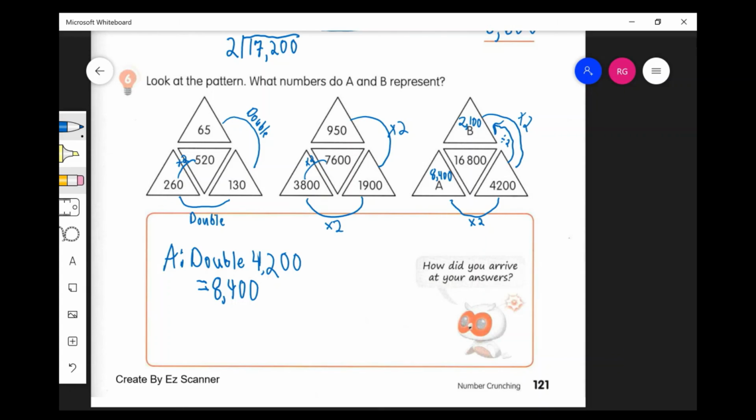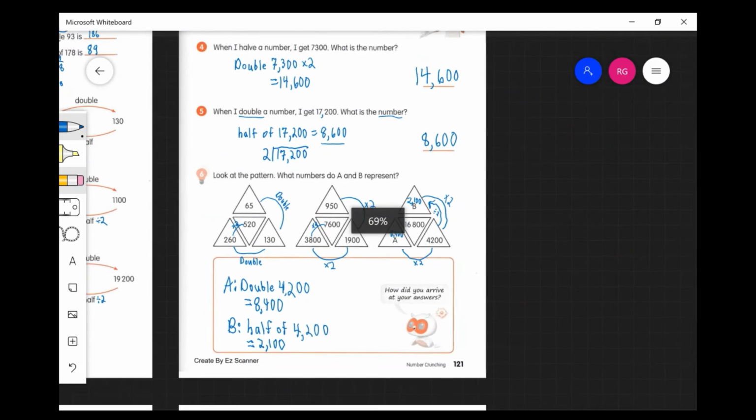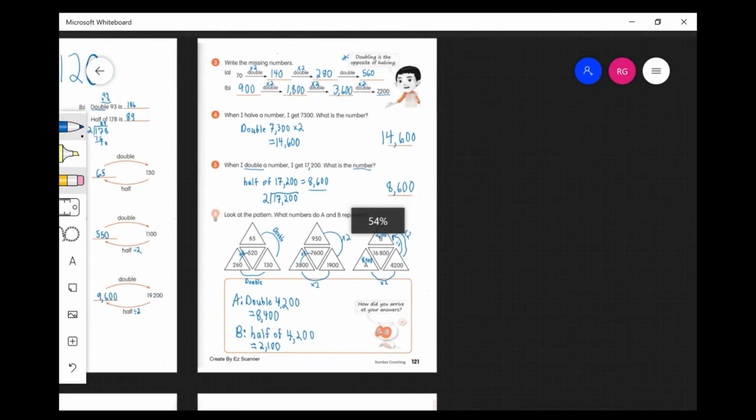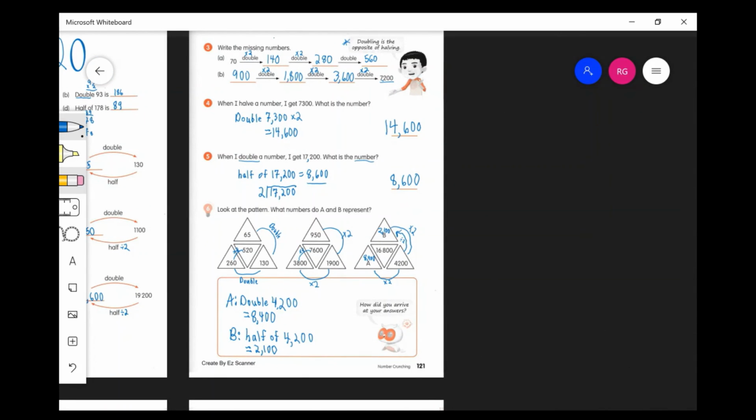And then for B, we know B was going to be half of 4,200. So half of 4,200 we know is 2,100. Okay, so that's my answer for part 6 there. And those are the answers for the entire page on 121.